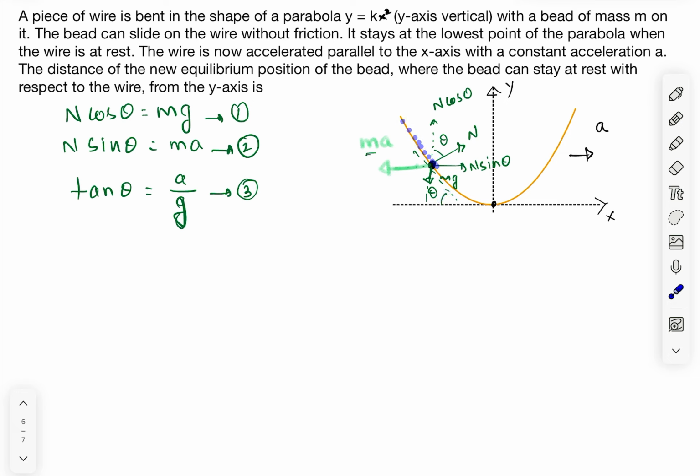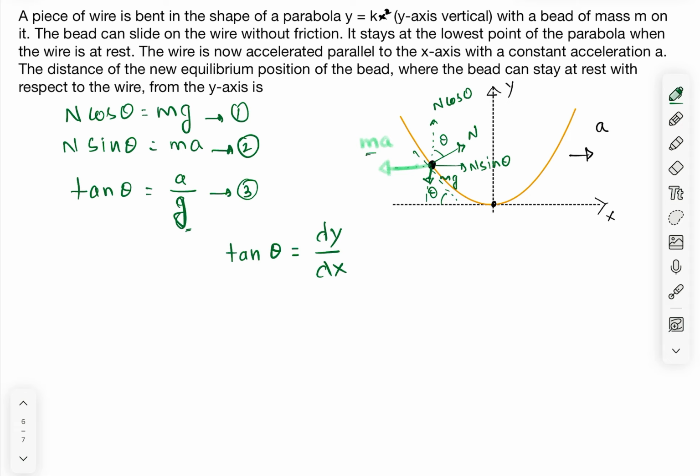From kinematics we know the basic relation that the rate of change of y with respect to x, that is the slope, is tan theta. For a small change we can write it as dy by dx.